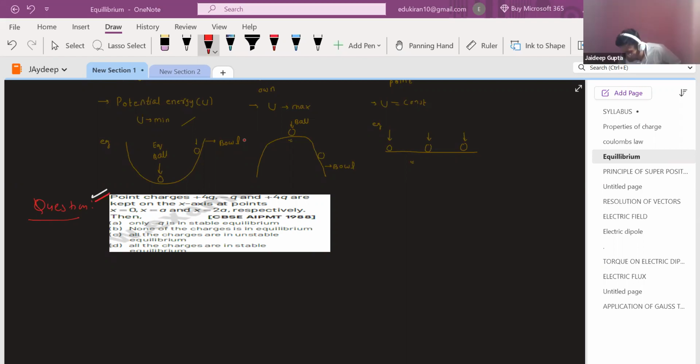And from Coulomb's law assignment, question number 1, question number 2, question number 6, question number 7, question number 8, question number 9.